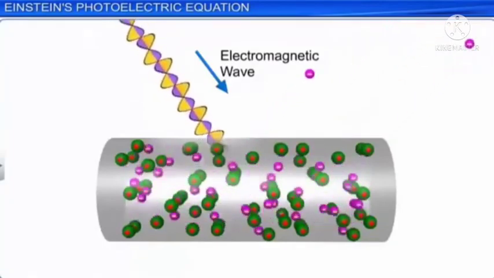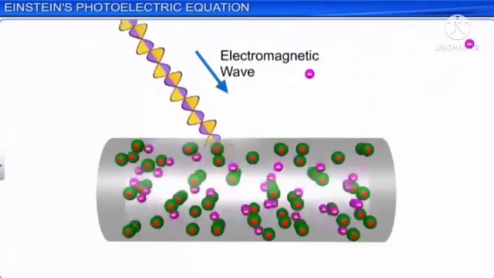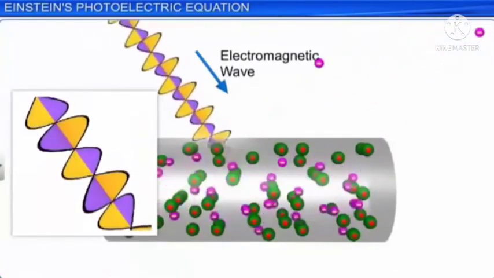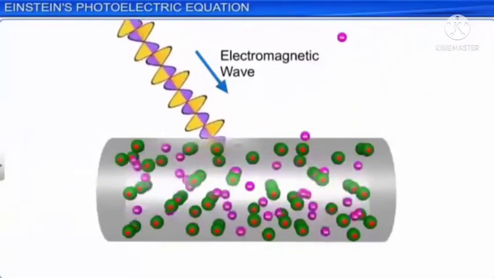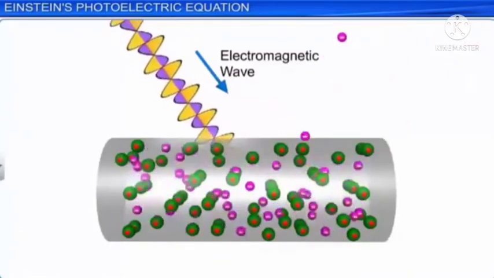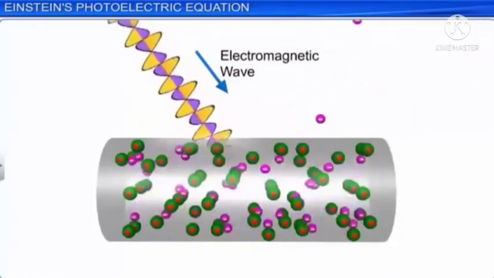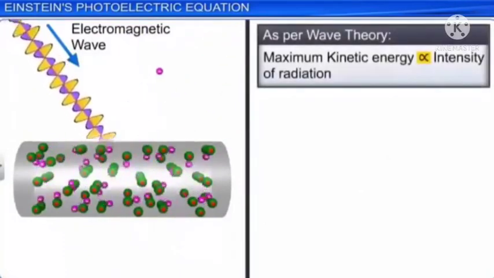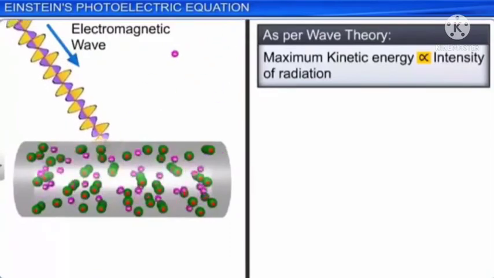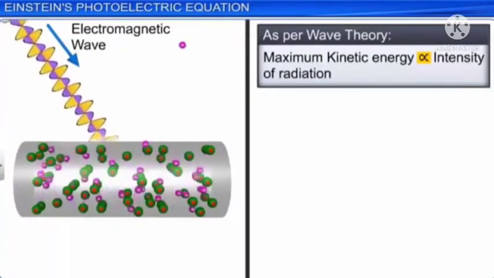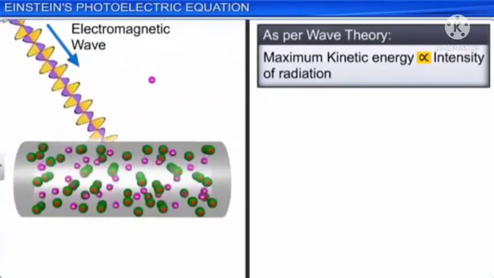If the amplitude of the waves incident on the metal surface increases, the energy of the waves increases, and hence the energy absorbed by the electrons increases. Therefore, as per the wave theory, we observe that the kinetic energy of the ejected photoelectrons increases with increase in the intensity of incident radiation.